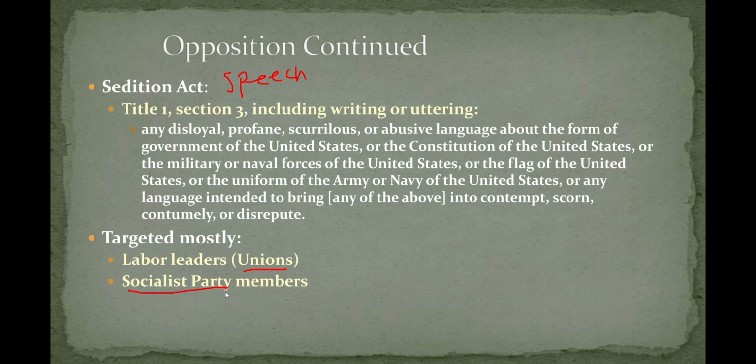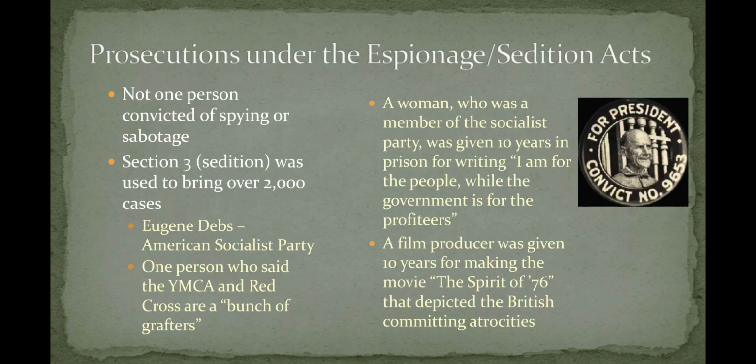And then Socialist Party members, people that wanted to go against having a free market economy in the U.S. and institute a socialist form of economy utilizing the government. Those people were generally the most targeted, and they also tended to be the people that most opposed the war because they felt it was a war for economic gain, which we discussed in those competing documents that we looked at.